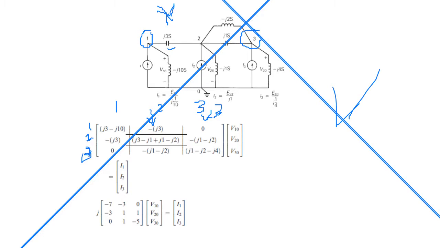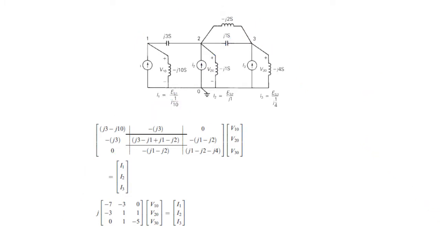All right, so we have 1, 2, 3, and 1, 2, 3. I need to erase this one. So this is 1, this is 2, and this is 3. Why 3 by 3? Because we have 3 buses. What are these buses?